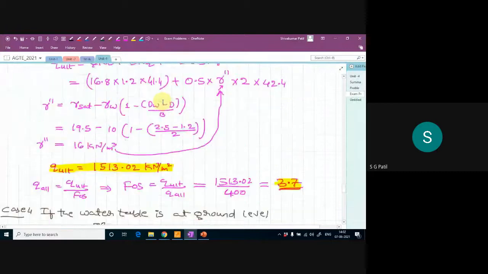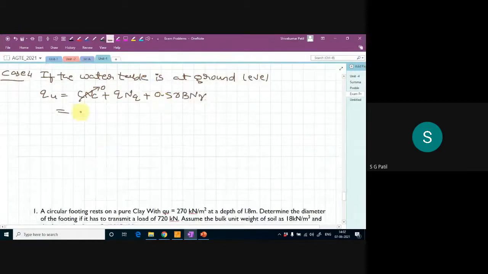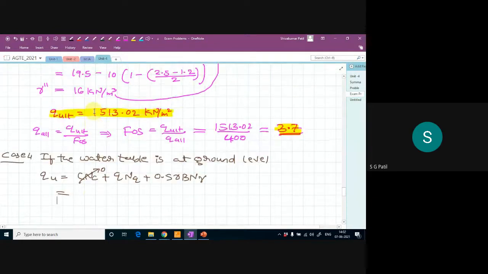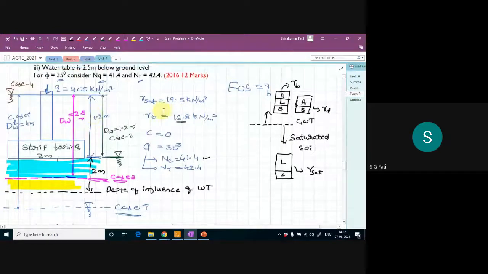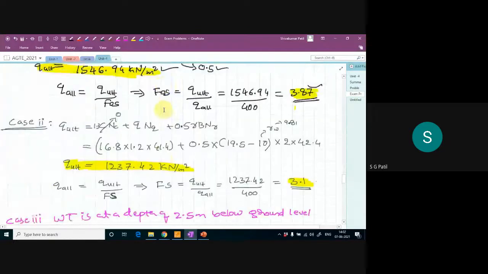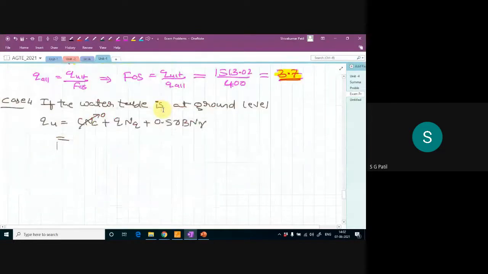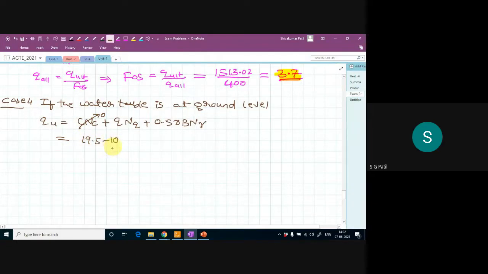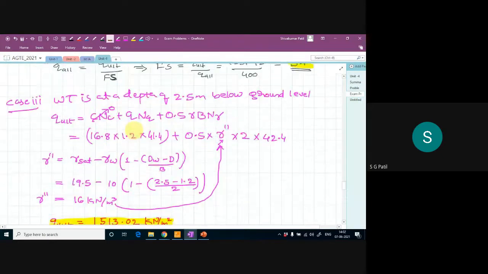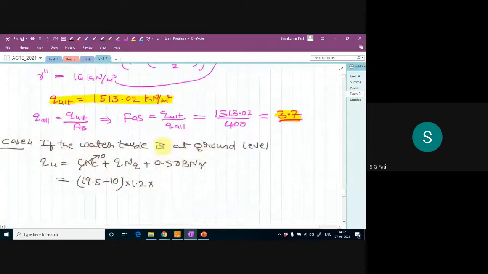So it is 19.5 minus 10. 10 is the unit weight of water I will take; 9.8 you can also take. Into the depth of foundation, 1.2 meter, into the Nq value. What is the Nq value? Nq value is 41.4 plus.